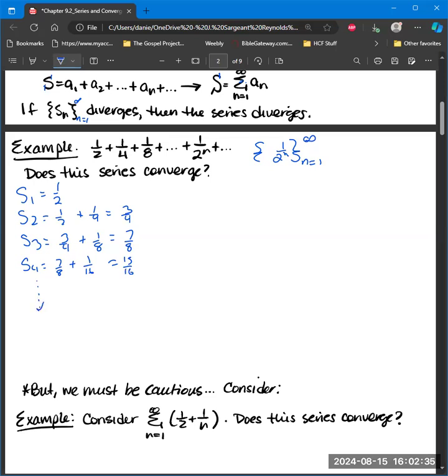So we're going to take a look at this and say that S sub n appears to be (2 to the n minus 1) over 2 to the n.